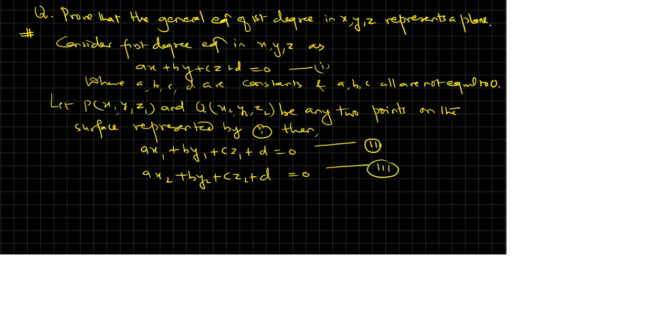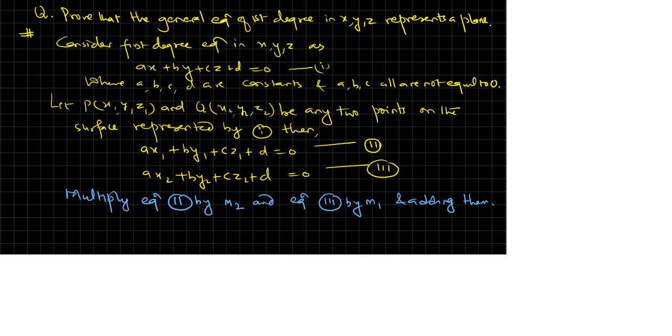Now take the second and third equations. We multiply equation second by m2 and equation third by m1 and add both equations.